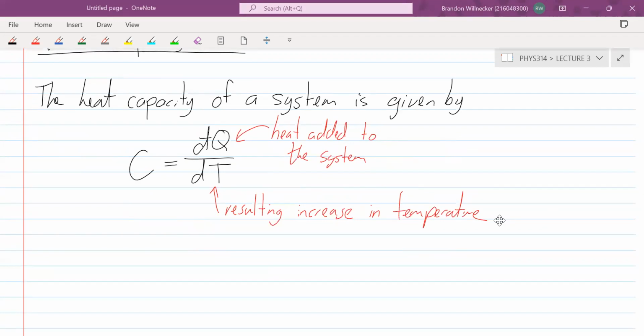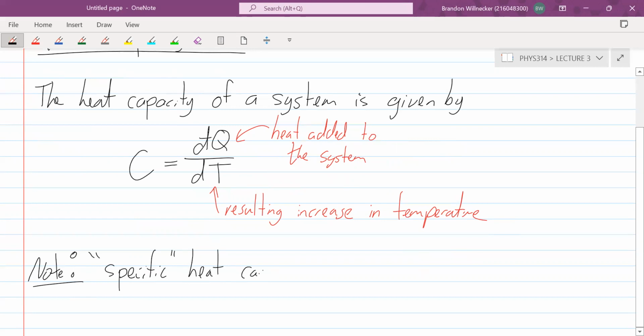Okay, and just a little note, you might see heat capacity in this form called specific heat capacity. And this is just little c, and it's given by the normal heat capacity, as we stated there, divided by the total mass.